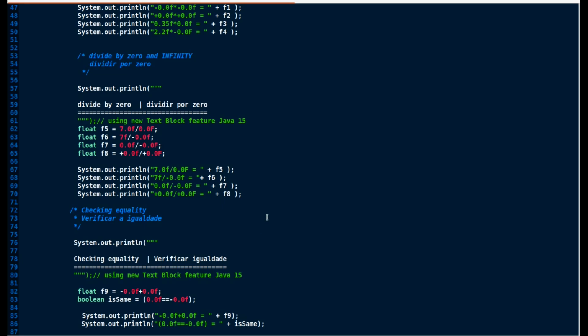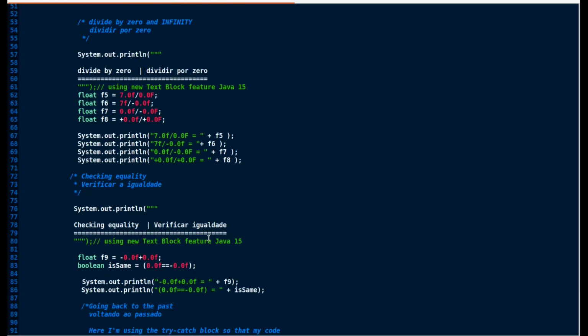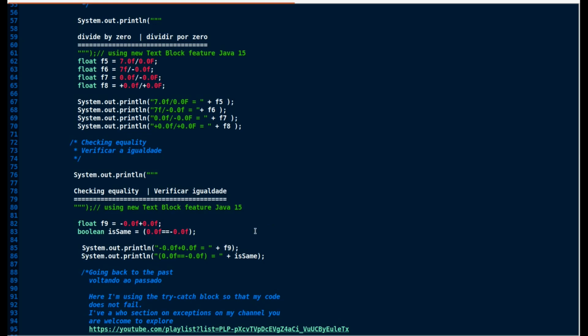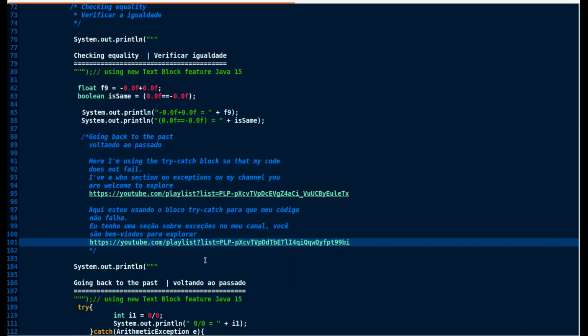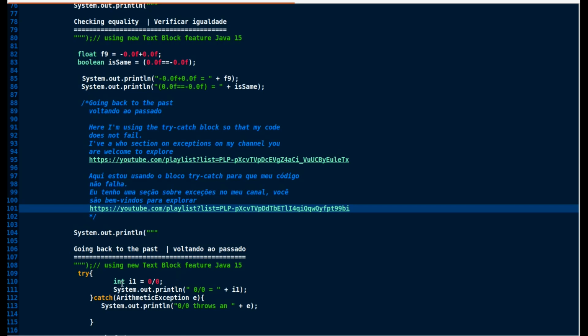We're also going to look at equality, and we will also look at divide by zero, the difference between dividing by zero with a float and an int.